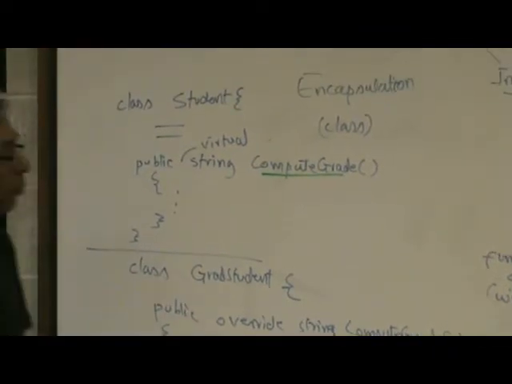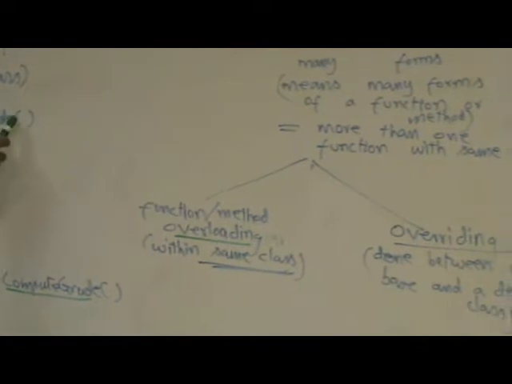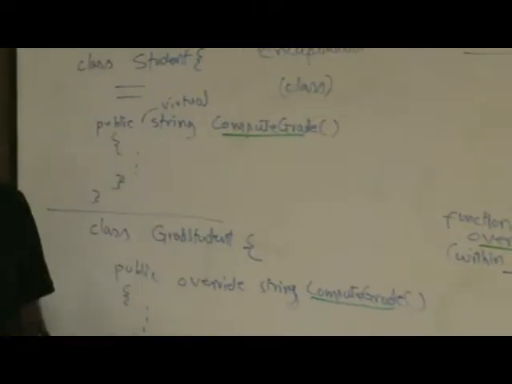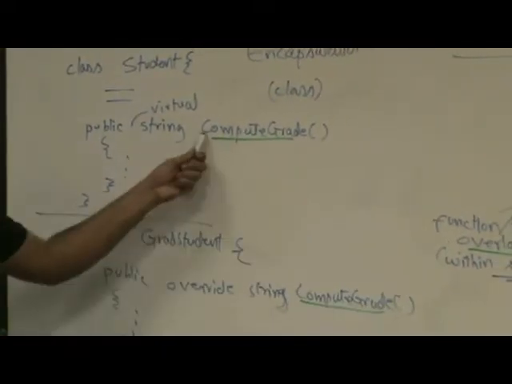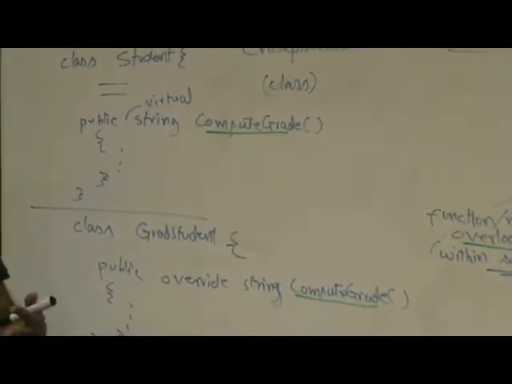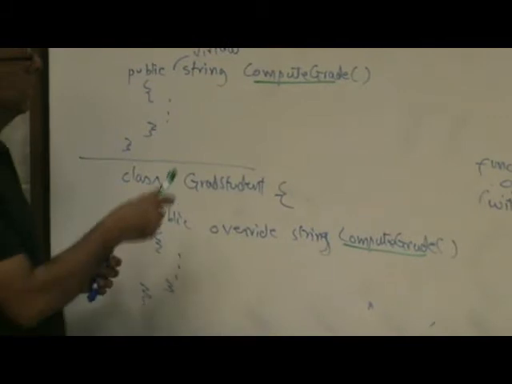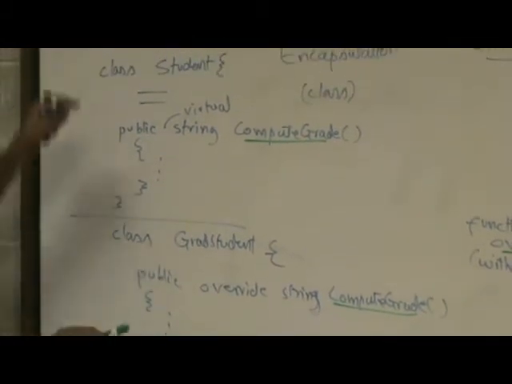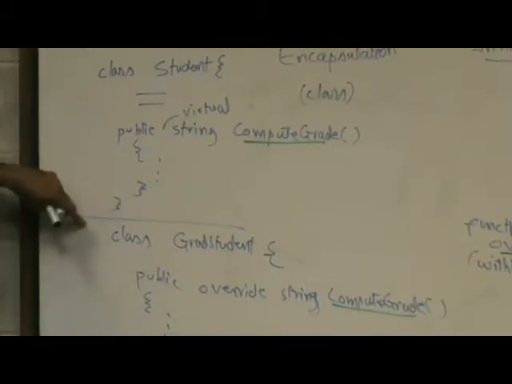Unlike overloading, where the parameters are different, here, whether there are no parameters or even if there were parameters, the signature in overriding has to be 100% the same. And as I mentioned, overriding is done between 2 separate classes.